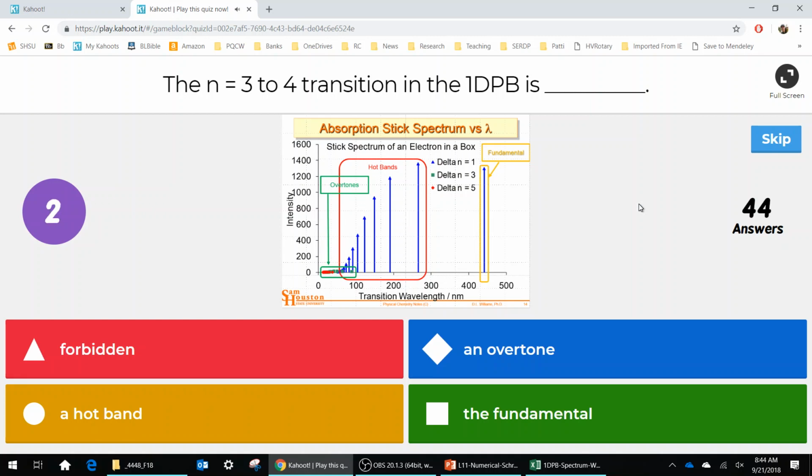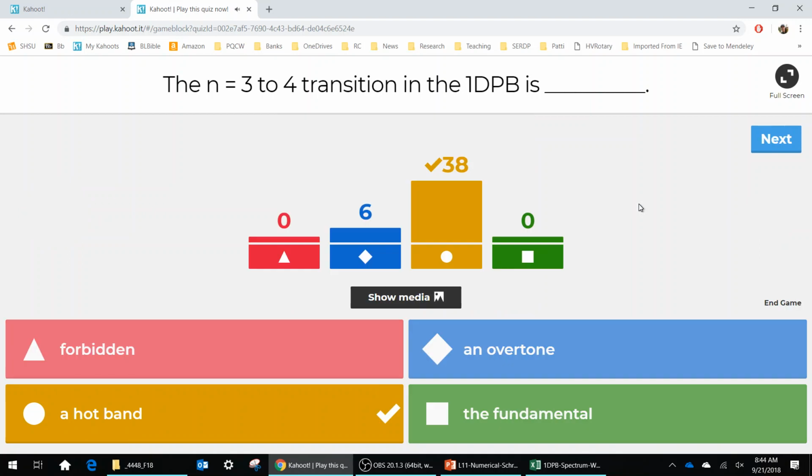Okay. It's a hot band. Pretty good. All right. And why is it not forbidden? Well, nobody said forbidden. It's 4 minus 3 is 1, so you know it's an allowed transition.